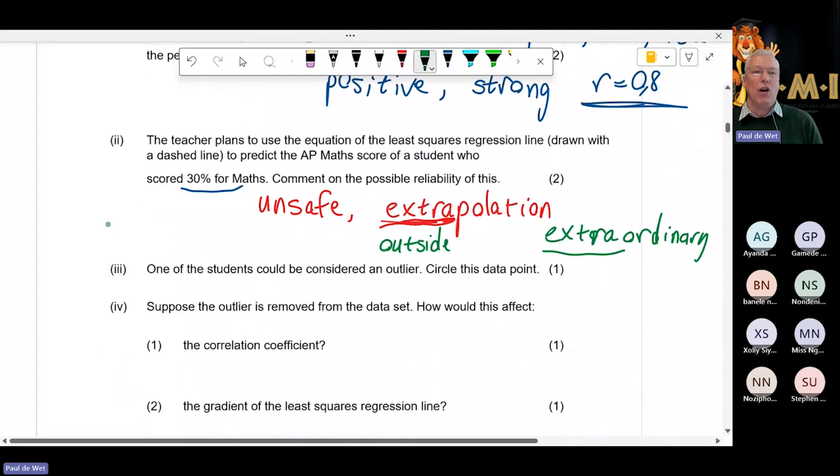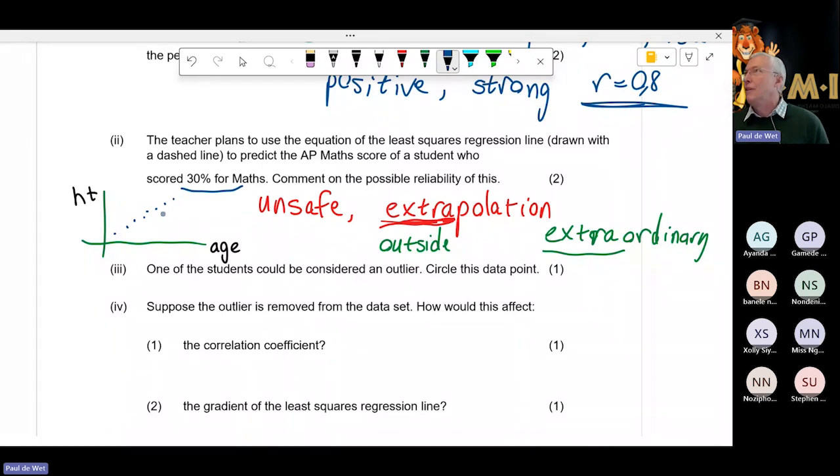If you had to plot the age of people and the height of people, do you agree that when people are young, they're quite short, and then as they get older, they get taller? Yes. But does that pattern continue forever for your whole life?